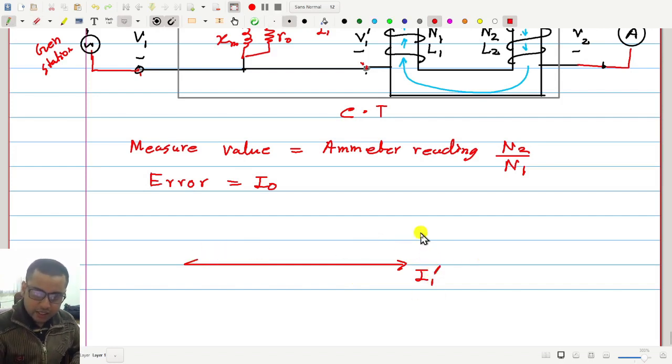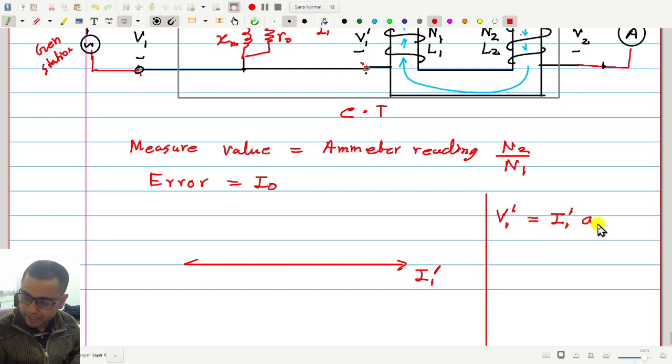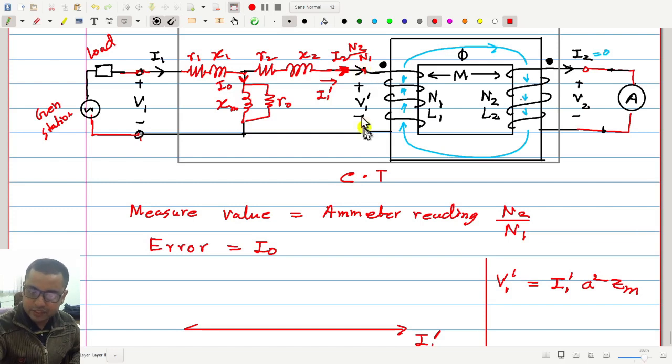Now we will first write V1 prime. V1 prime is equal to how much? I1 prime multiplied by A square Zm. A square Zm is this impedance between these two points, that multiplied by I1 prime is V1 prime.